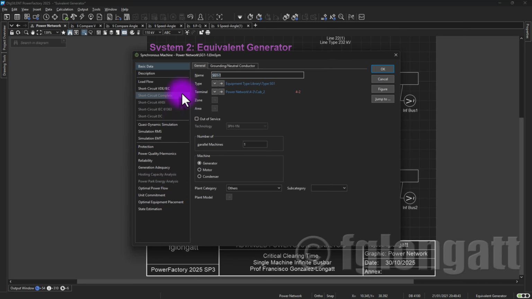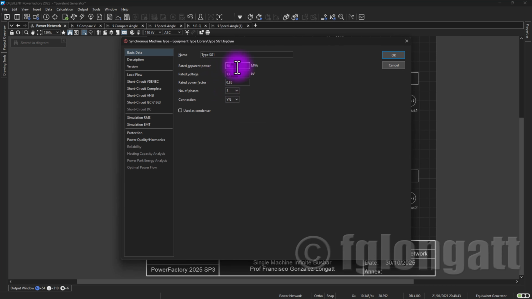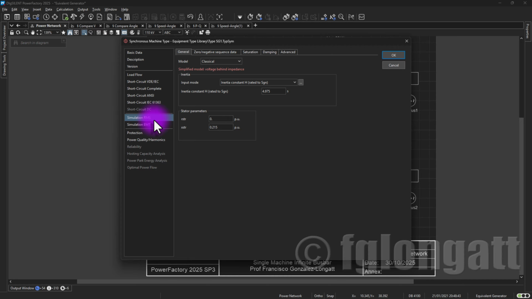You can see that in this case, we have a synchronous machine, and the rated power is 50 MVA. The rated voltage is 13 kV. And the rated power factor in this case is 0.85. But now, if we look at the dynamic data, you can see that on the top, we are using the classical model for the synchronous machine.